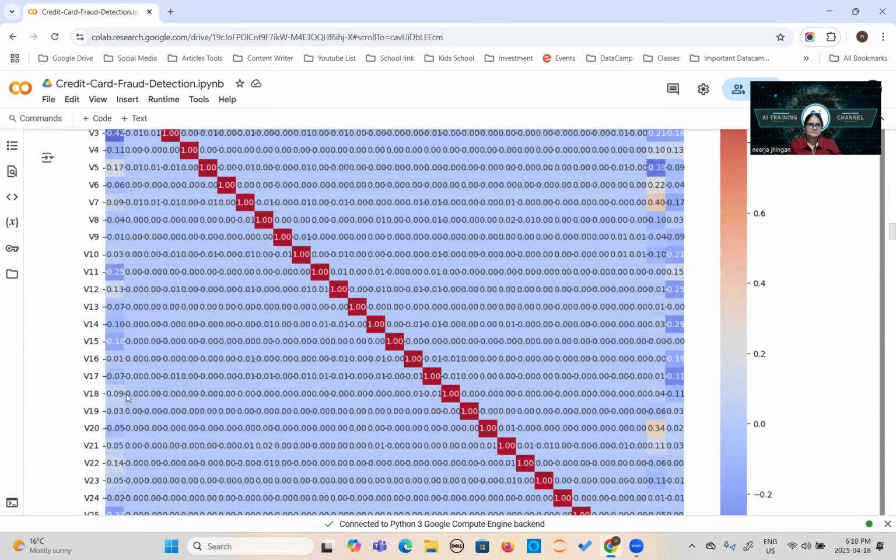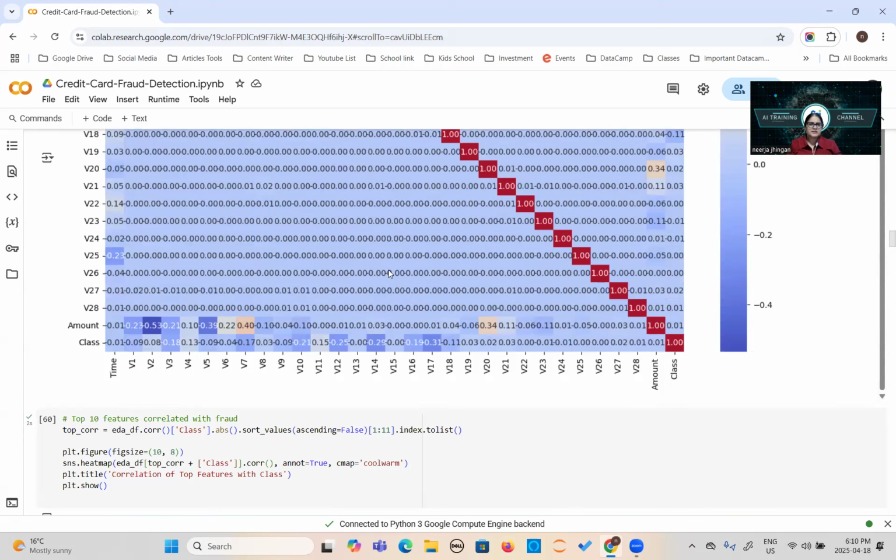Look at this. Although it has a zero relationship, somewhere you have this amount. This is 34% positively correlated with your target one. And which feature is this? This is your V20. Now if you look at the amount, this is negatively correlated 23% with the V1. And with the time, how much is it correlated? 40% V1 with the amount.